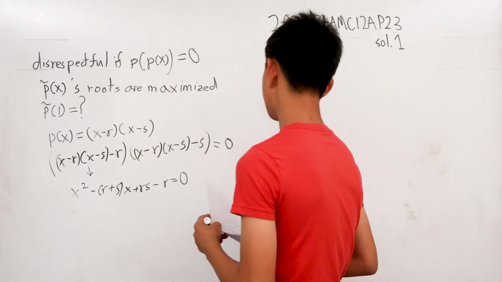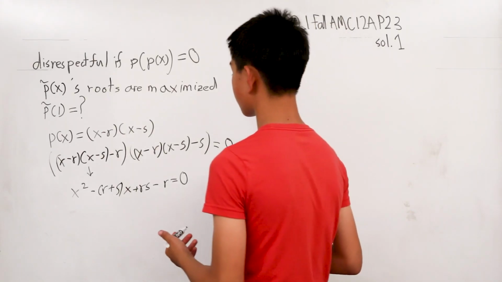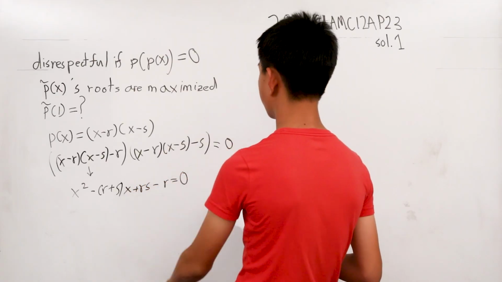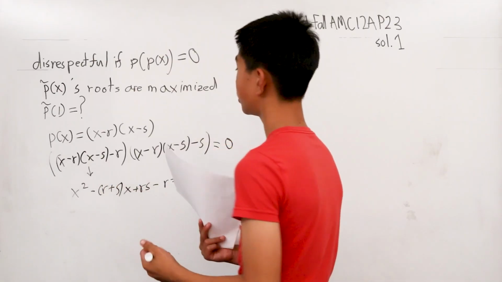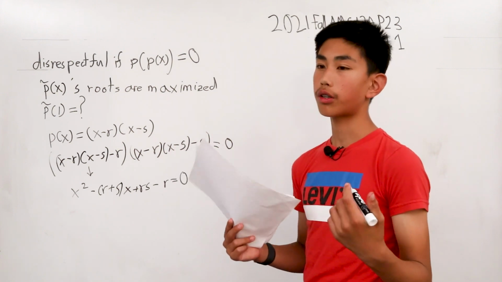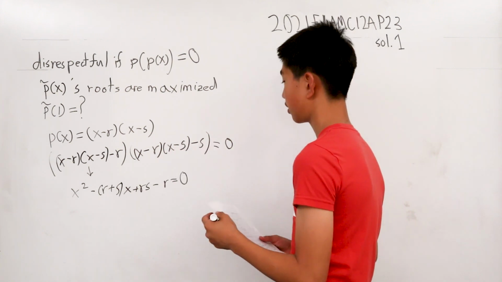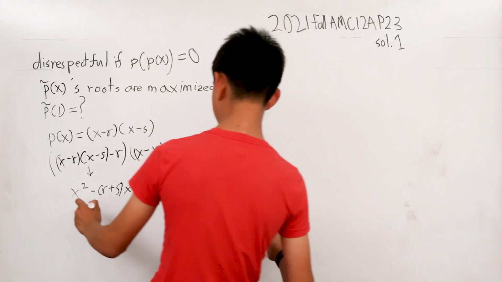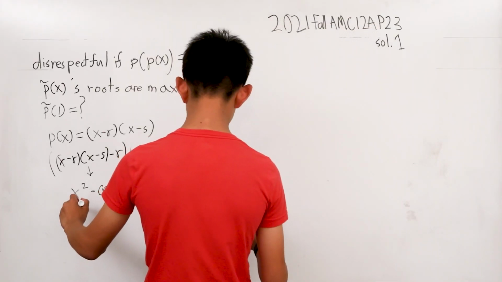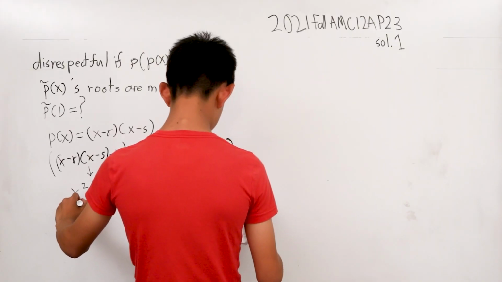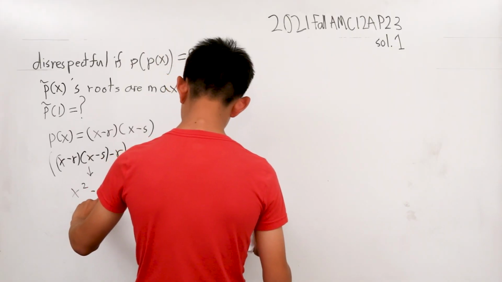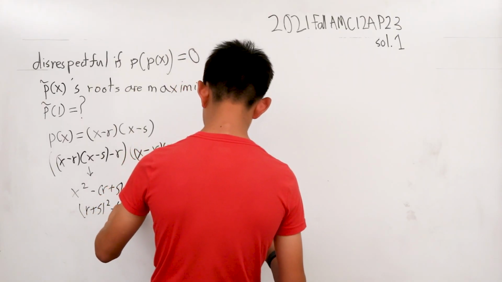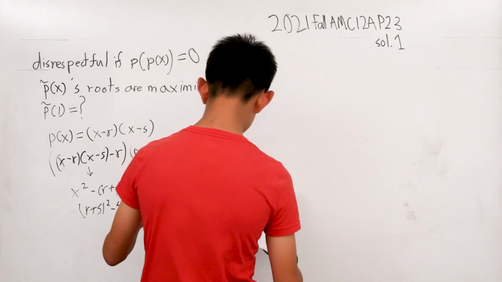Since we don't want any variables of x, this is why instead of the coefficient of b being x, you write it as r plus s, as we know that those roots are not variables and don't have to change indefinitely. And therefore, this simply plugs into r plus s squared minus 4 times rs minus r equals 0.